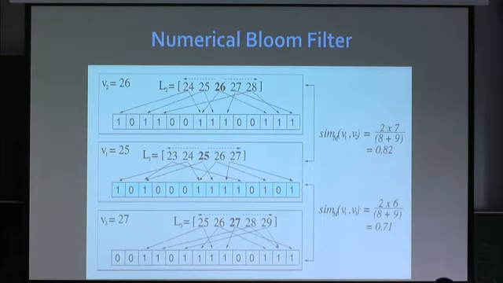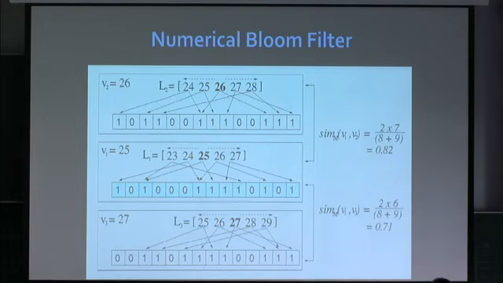So the problem of considering numerical data as strings and hash mapping into Bloom filters is that we lose the distances between actual values. For example, when we hash map integer values 29 and 30 into Bloom filters considering them as strings, we don't preserve the actual distances between them in the Bloom filter space.